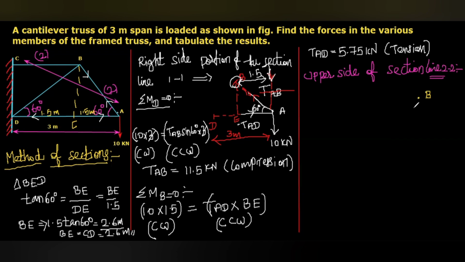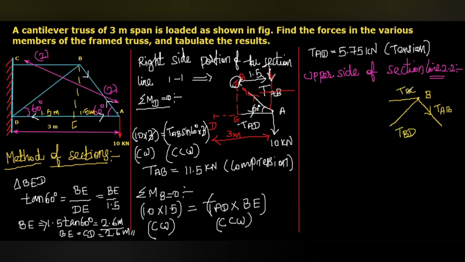So the free body diagram has only three forces: the forces in the members BC, BD and AB. From the point B, on this side, the force in the member BA or AB is acting. The horizontal force in the member TBC is acting. Then another one, inclined, whose direction is also unknown, TBD.